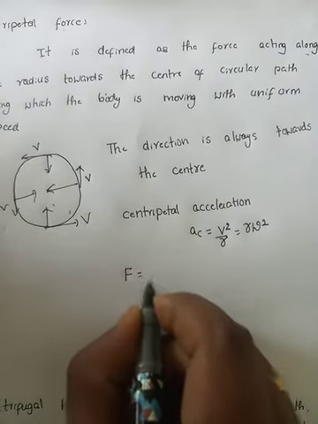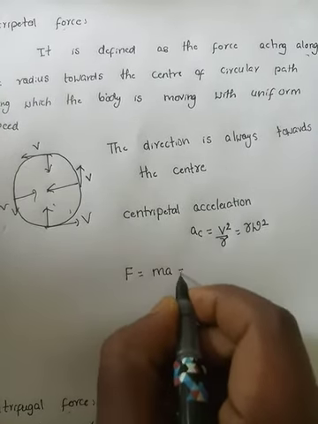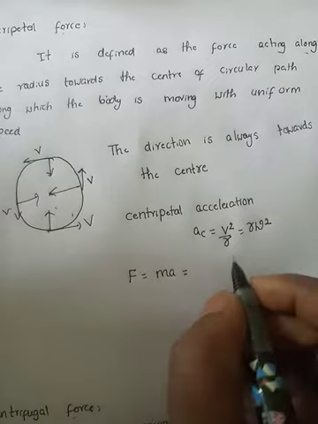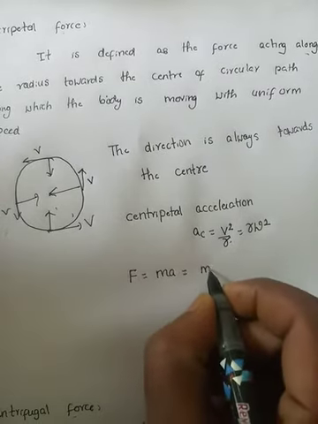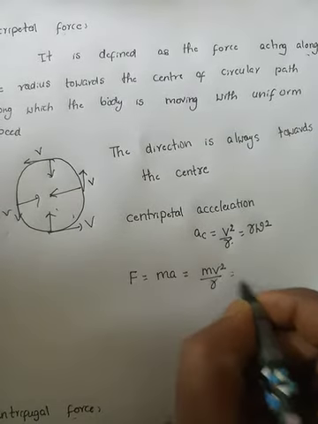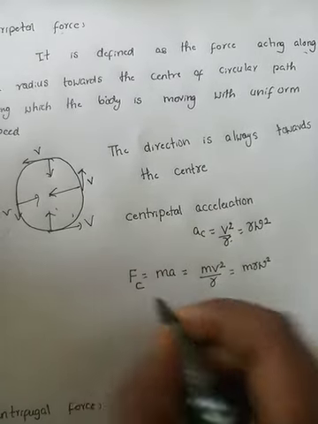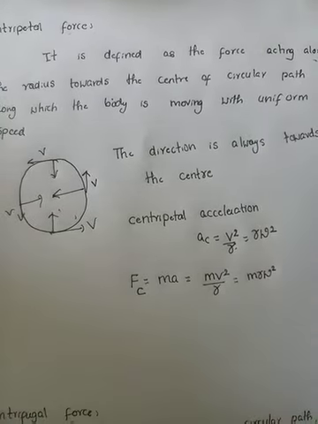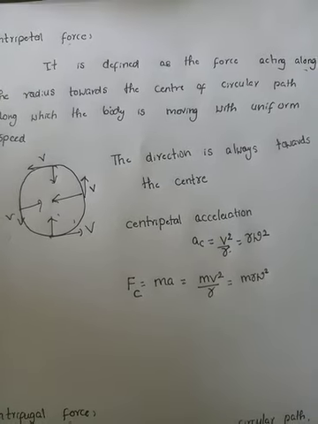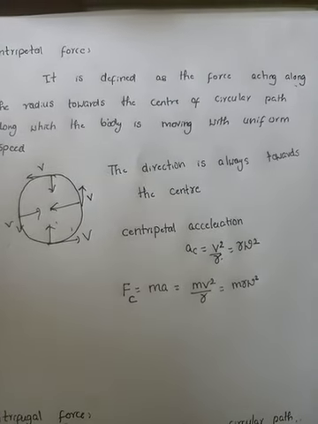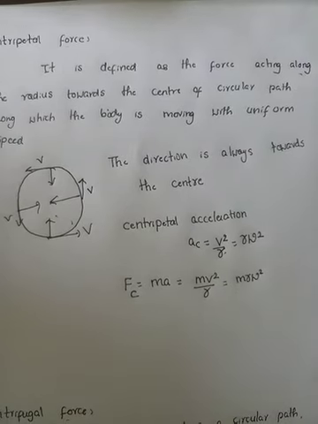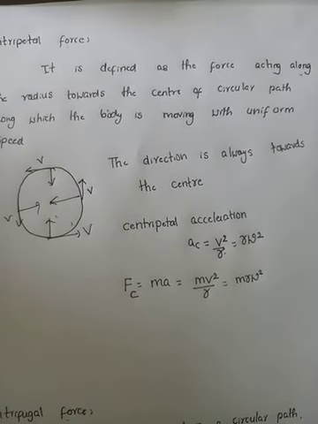According to Newton's second law, F is equal to mass into acceleration. So F equals m v squared by r, or m r omega squared. This is called the centripetal force, the magnitude of the force acting on the body moving in a circular path. Its direction is toward the center of the circular path.